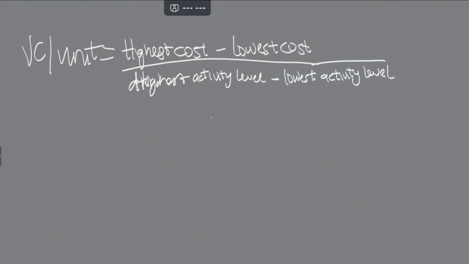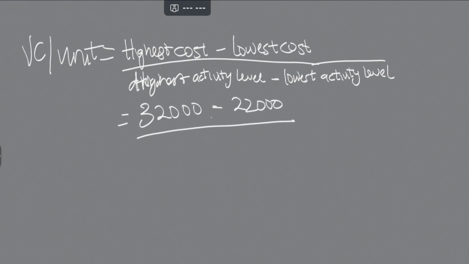Our highest cost is 32,000 and our lowest cost is 22,000, divided by our highest activity level, which is 10,000, minus our lowest activity level, which is 5,000.